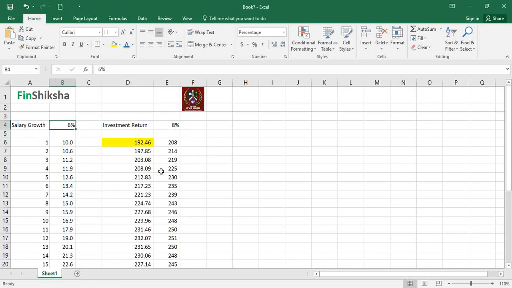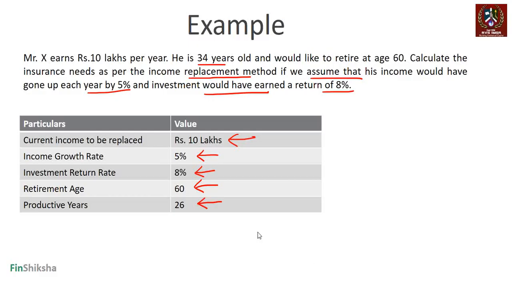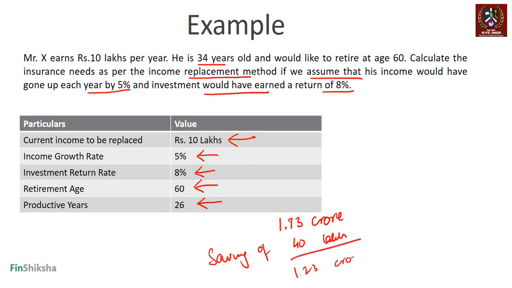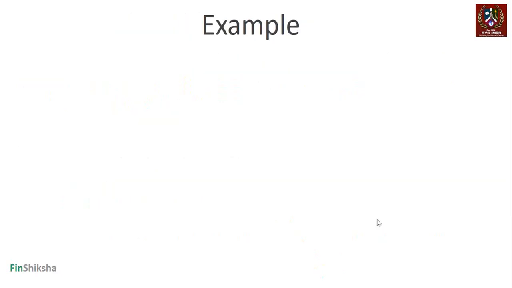That's basically the amount. Obviously from this amount, you will subtract any existing corpus that a person has. So we arrived at a number of about 1.73 crore. If the person already has an insurance or saving of, let's say, 40 lakhs, then the actual cover required is 1.23 crore because that 40 lakhs is already available, correct?